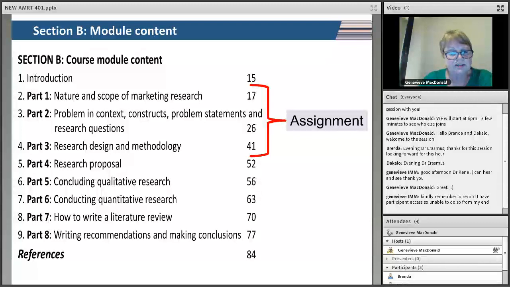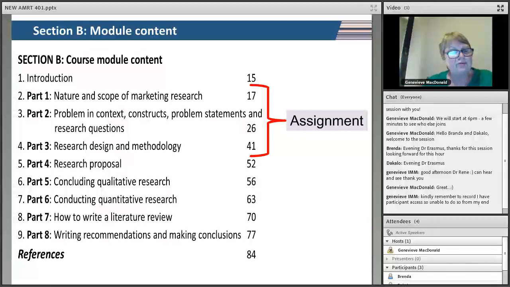Part 4 is the research proposal. Part 5 is how do I conduct, evaluate and discuss qualitative research. Part 6 is quantitative research. Part 7, how to write a literature review, which usually comes much earlier in the research process.